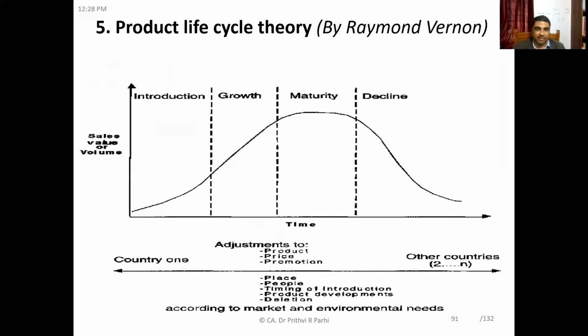This is called the product life cycle. A product may have these stages in its life cycle: introduction stage, growth stage, maturity stage, and finally decline stage. A product may be introduced in the market, then it may attain growth, then the maturity stage, and finally it will decline and may go out of the market.